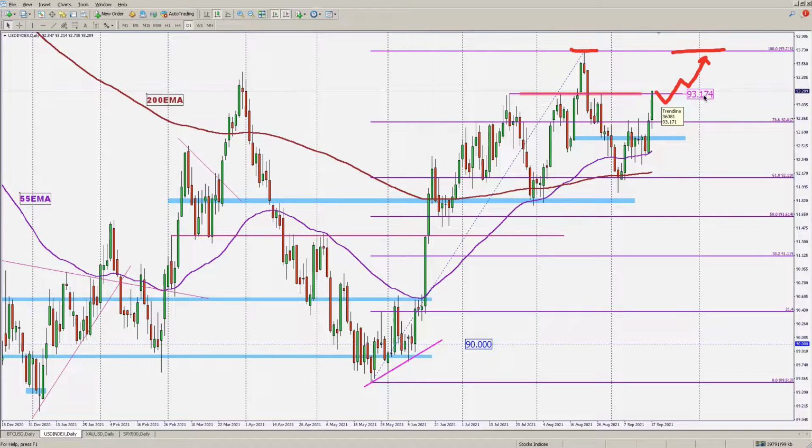Then we'll see what happens after that, whether it's going to break and continue higher, or whether it's just going to hit the resistance again and then revert lower back towards the 55 EMA and consolidate for a while. Could be in this channel.